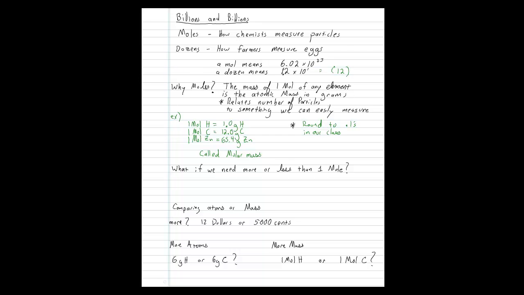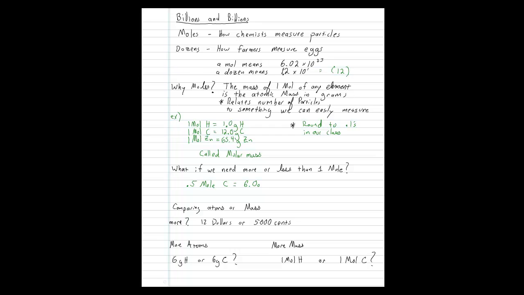Now, what if we have less than 1 mole, or we need more than 1 mole? Well, that's like saying to a chicken farmer, can he have half of a dozen or 2 dozen? Well, yeah, it's easy. So, if we have 0.5 moles of carbon, that's how many particles we need. We can go measure out 6 grams of it.